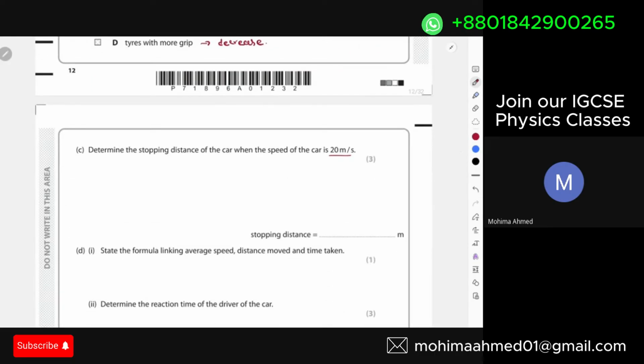Determine the stopping distance of the car. They are not only asking you for the braking distance, they're asking you for the stopping distance, which is, by the way, thinking distance plus braking distance.